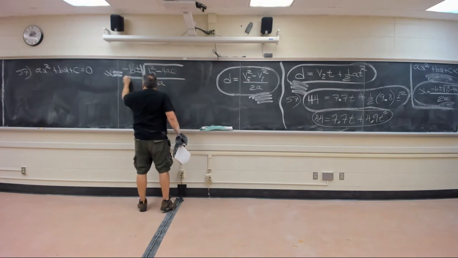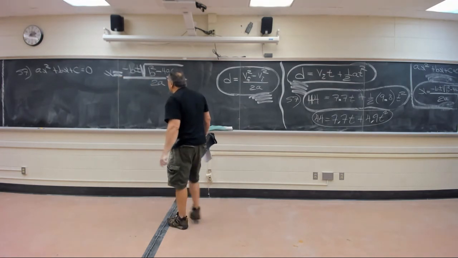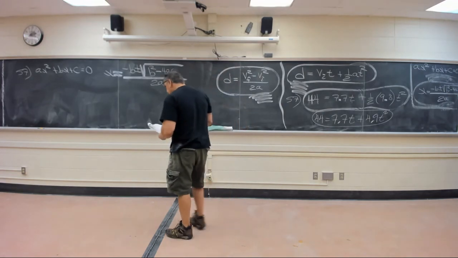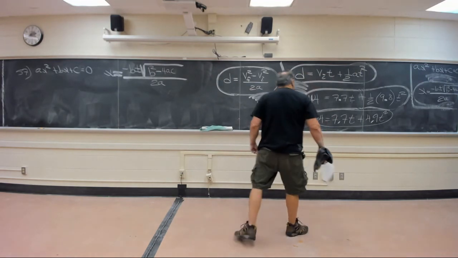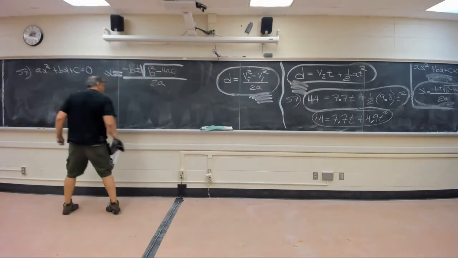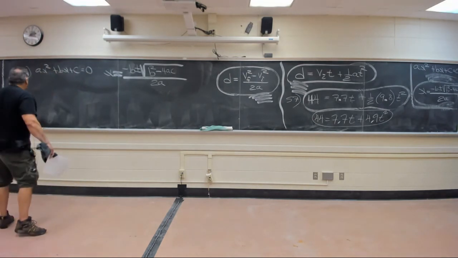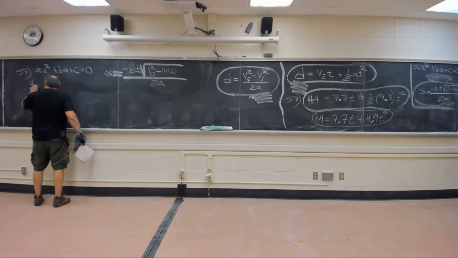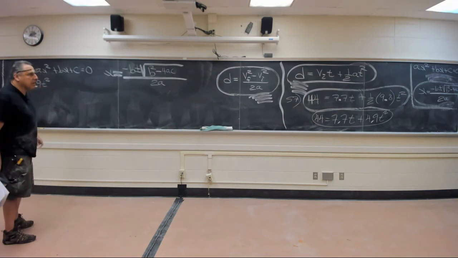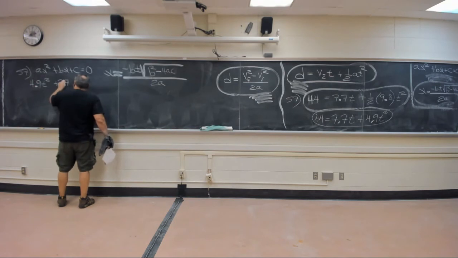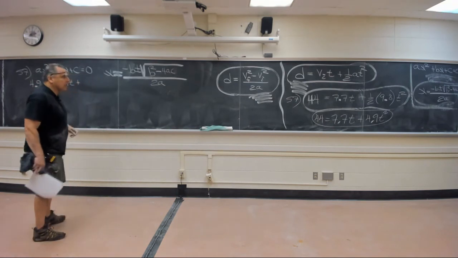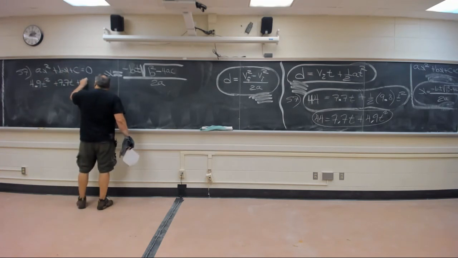The entire quantity, including the negative b, is over 2a. Let's add a negative 44 on each side and do a setup here. There it is.